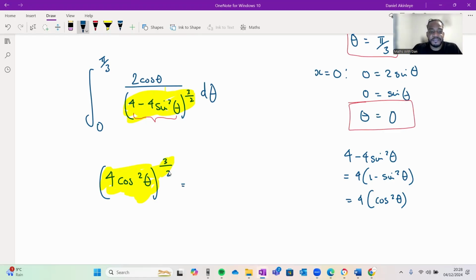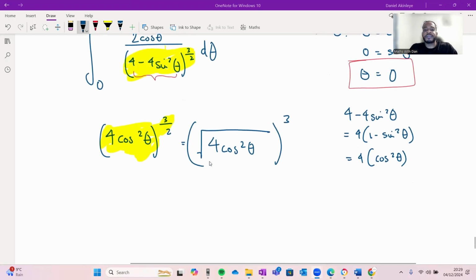Well, if you think about that, 3 over 2, doesn't that mean I'm going to have 4 cos squared theta, like that, then square rooted, all to the power of 3? Do we agree that's the same thing? Are we happy with that so far? Good stuff.